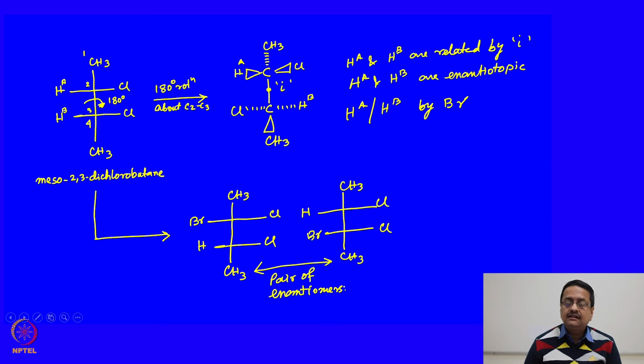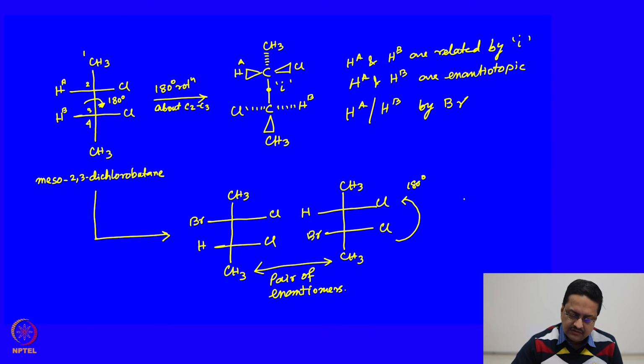How do we see that these are a pair of enantiomers? We take this molecule and rotate the entire molecule in plane by 180 degrees, and we get this orientation.